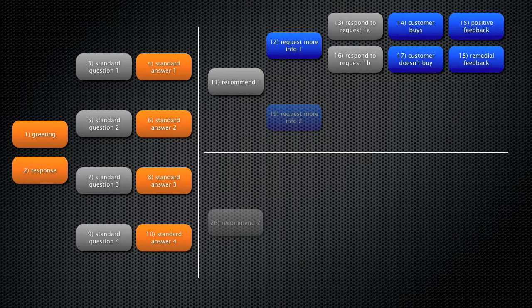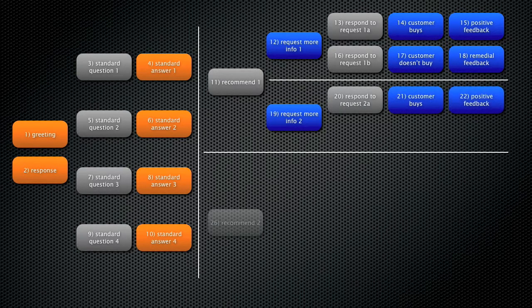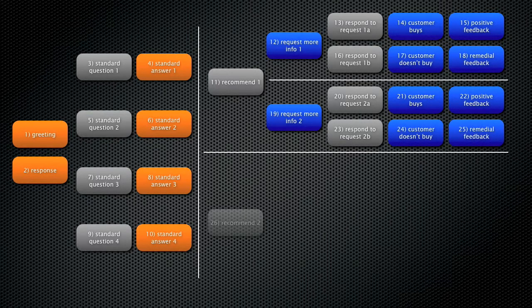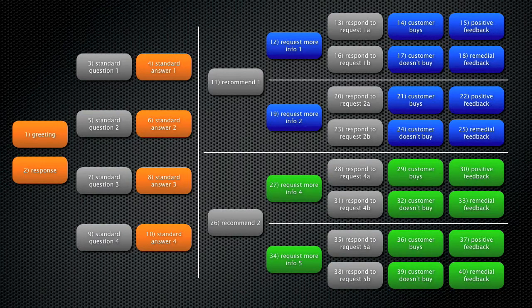And they may not have the same customer objection because it's random, but for each objection there's going to be a couple different ways to handle it, a couple of different outcomes with a customer, and two different ways that the sales avatar is going to coach the learner. And that's going to happen again for the second recommendation. For the second objection, they're going to go through one of two different ways to handle the objection and two different responses from the customer.